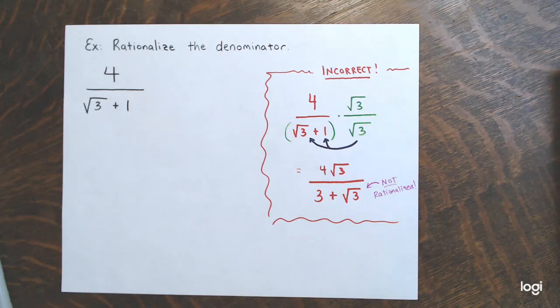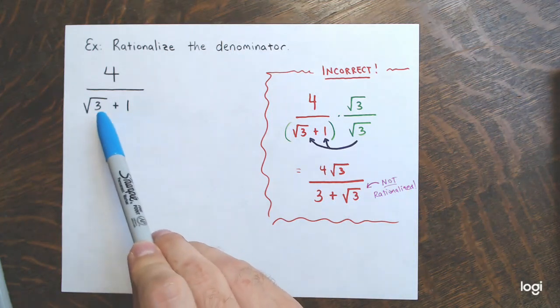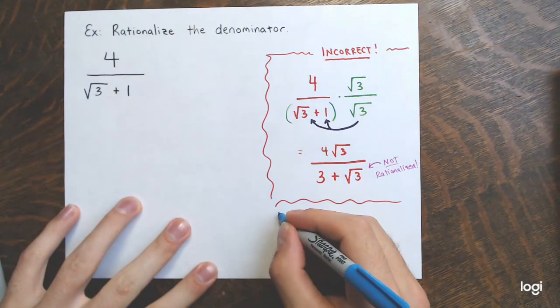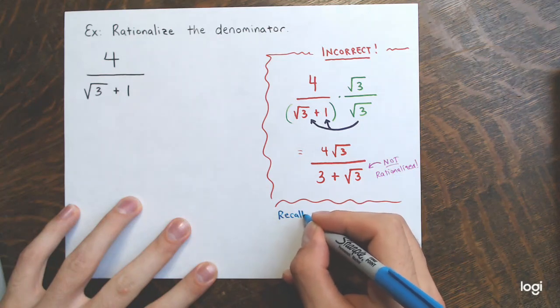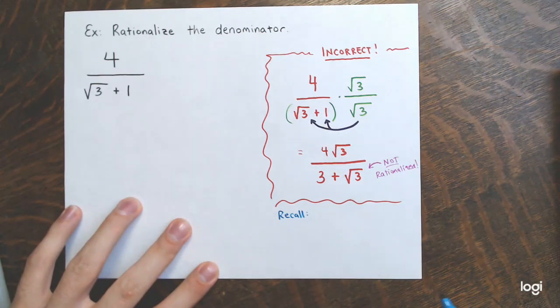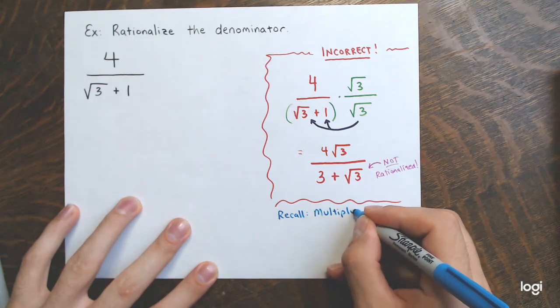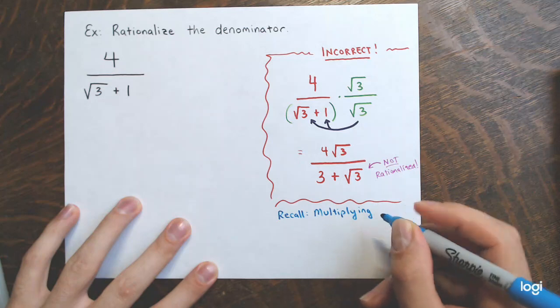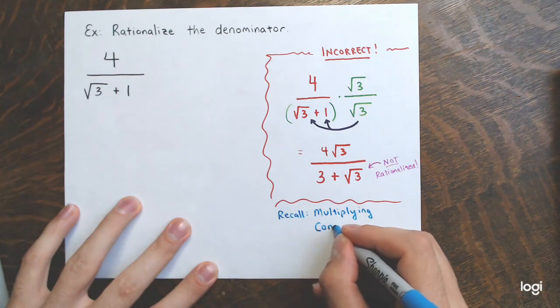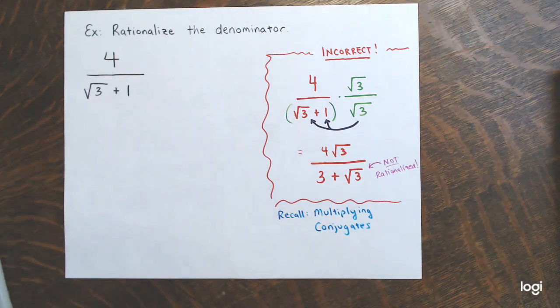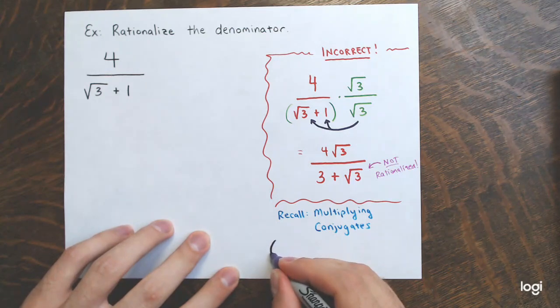Well, with these two-term expressions with square roots, we have to make use of this fact here. So do you recall, I've had this up in previous videos, multiplying what are called conjugates. If you multiply two pairs of conjugates, the conjugates are these.